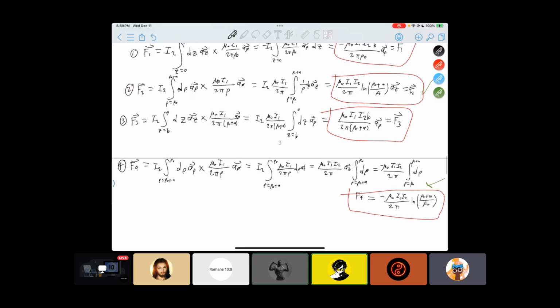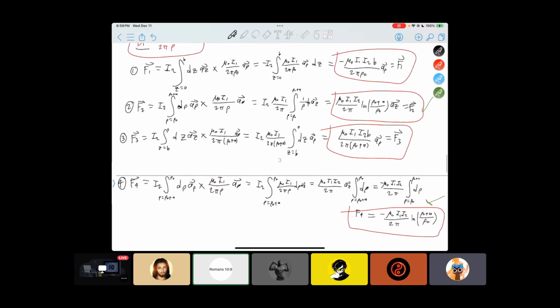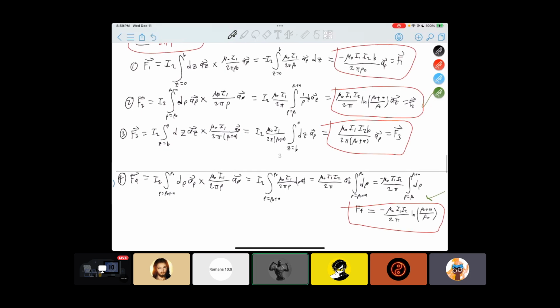And we could see that there is a difference. Wait a minute, F1 plus F3? Because F2 and F4 cancel, right? F2 and F4 are parallel, so they cancel because they're the exact same and one's negative, one's positive.